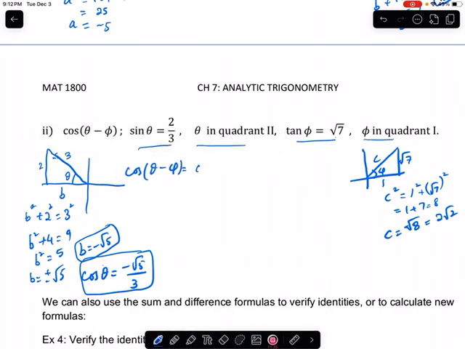It will be cosine of theta cosine of phi plus sine of theta sine of phi. So what we know, cosine of theta, do we know that? Yes, we have it. So negative square root of 5 over 3 times cosine of phi. Do I have cosine of phi? Well, I can find it. Cosine of phi is equal to 1 over 2 times square root of 2.